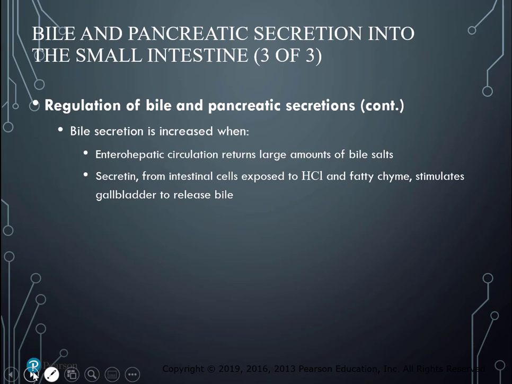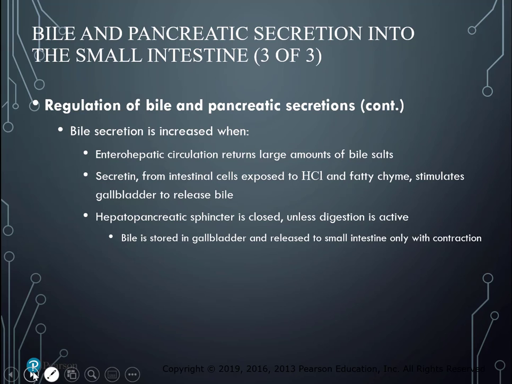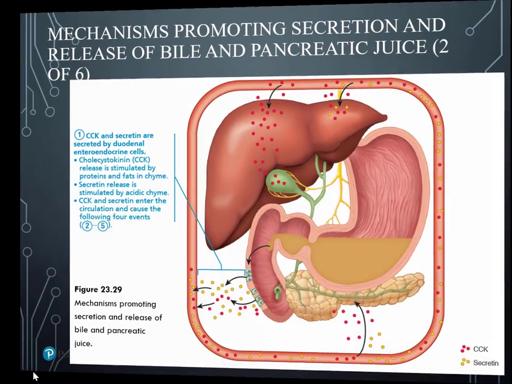Secretin, from the intestinal cells exposed to HCl and fatty chyme, would stimulate the gallbladder to release bile. And then the hepatopancreatic sphincter is closed, unless digestion is still active. Bile is stored in the gallbladder and is released into the small intestine only by way of contraction.